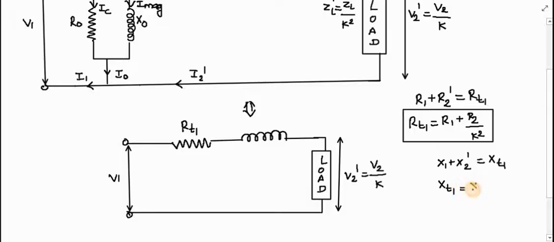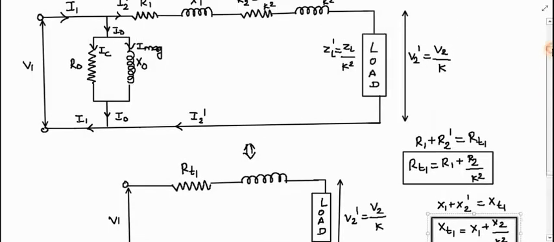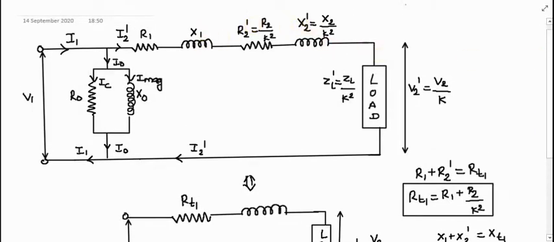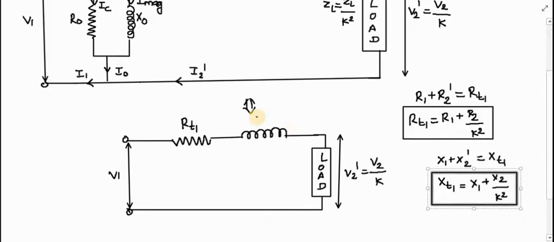XT1 is nothing but X1 plus X2 dash. What is X2 dash? X2 dash is nothing but X2 by K square. So you will get XT1 as X1 plus X2 by K square. I have written it here as XT1. Right?